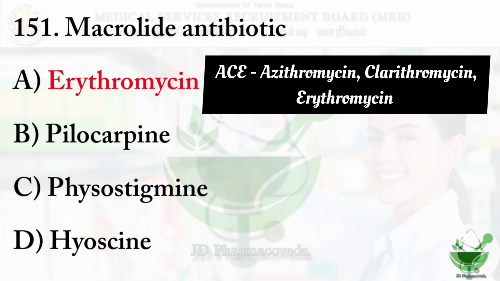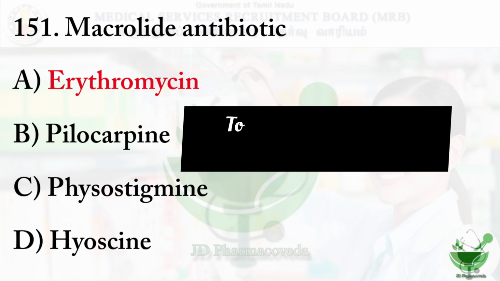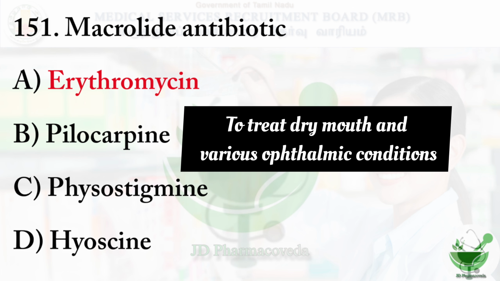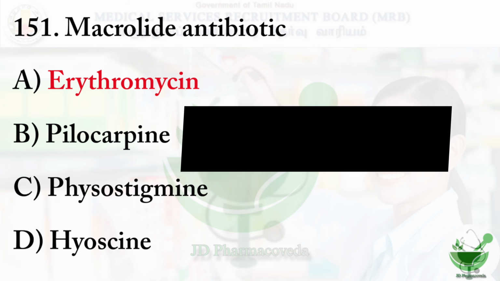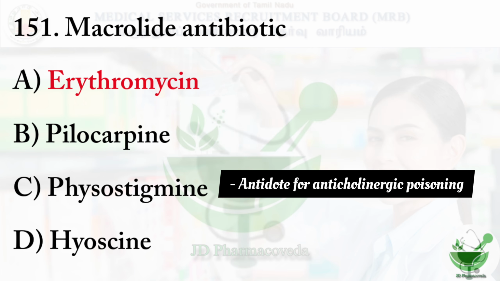And then pilocarpine is a muscarinic agonist used to treat dry mouth and various ophthalmic conditions like presbyopia. Presbyopia means gradual loss of the eye's ability to focus on nearby objects, and it can also be used to treat glaucoma. Then physostigmine is an antidote for anticholinergic poisoning.